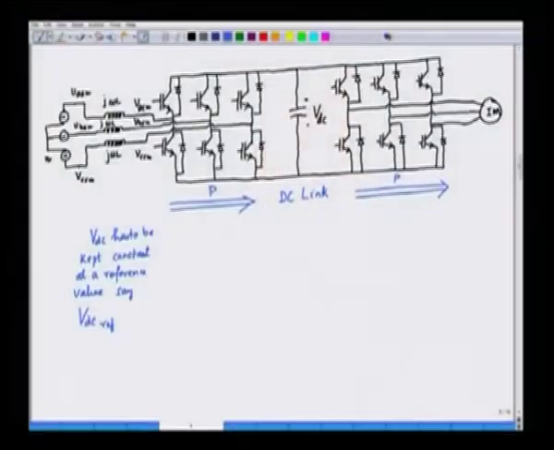So, we will employ a closed loop control in which we will control the front end converter, so that the DC link voltage is kept constant at VDC ref. So, we will have a control scheme in which we will be comparing.